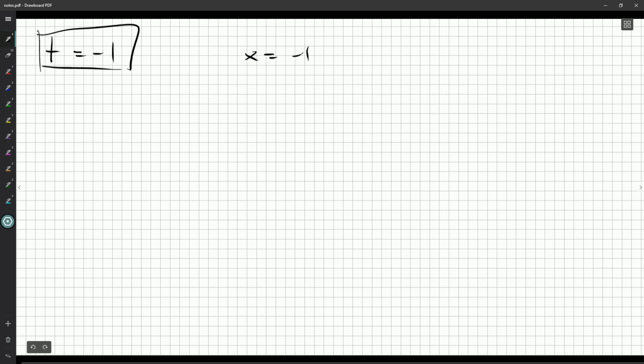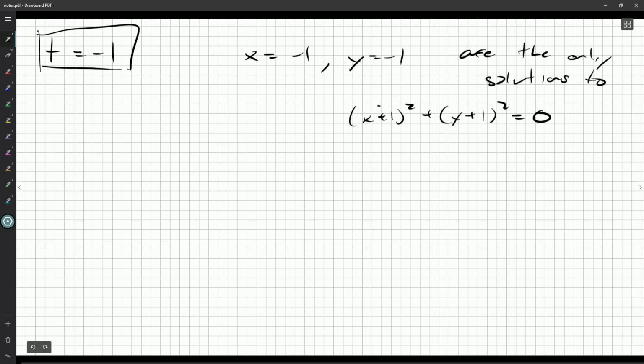That'll work. Now, just for the sake of completion, because this question didn't take too long, if we take t equals minus 1, x equals minus 1, y equals minus 1 are the only solutions to x plus 1 squared plus y plus 1 squared equals 0.